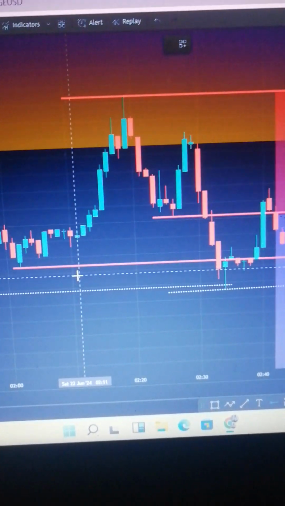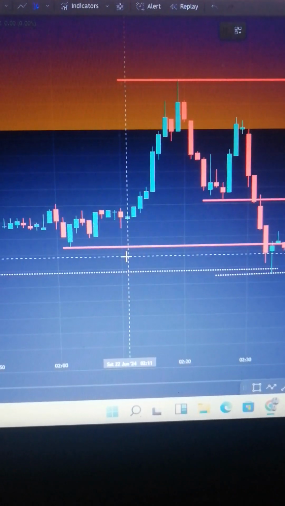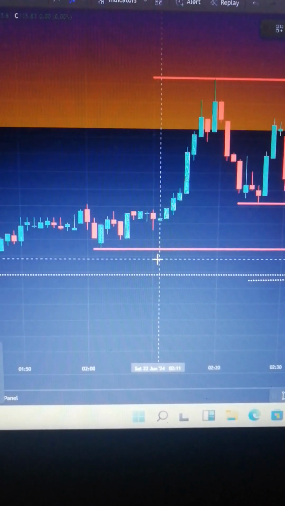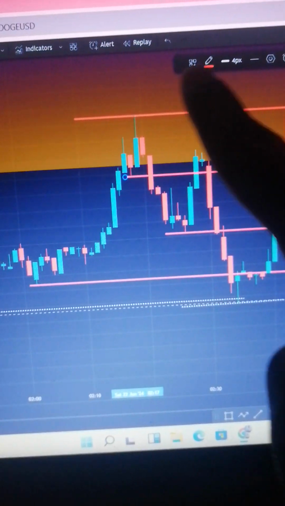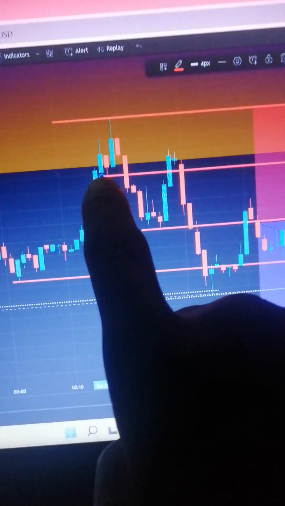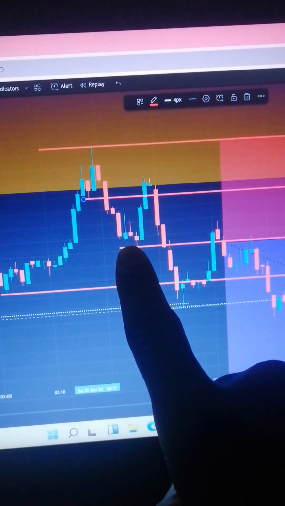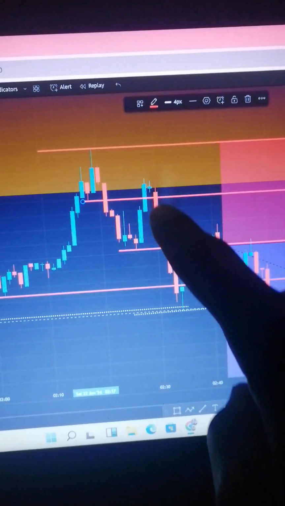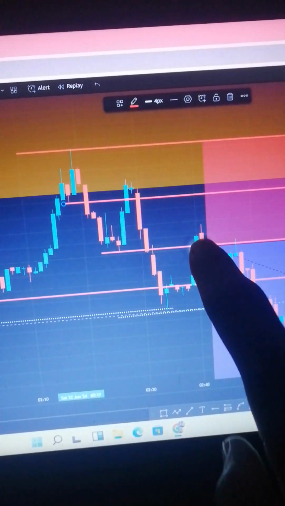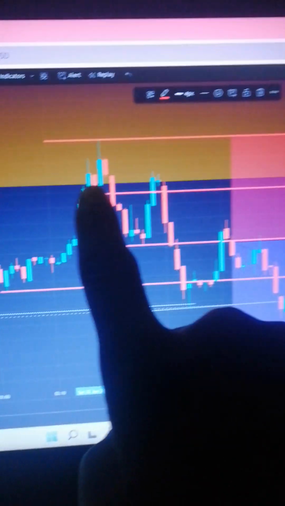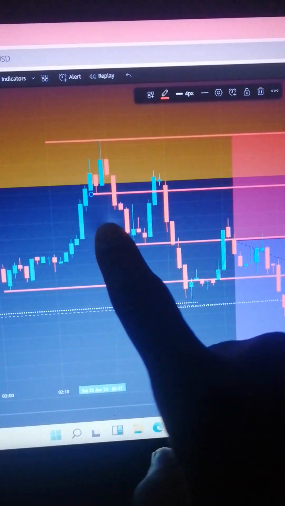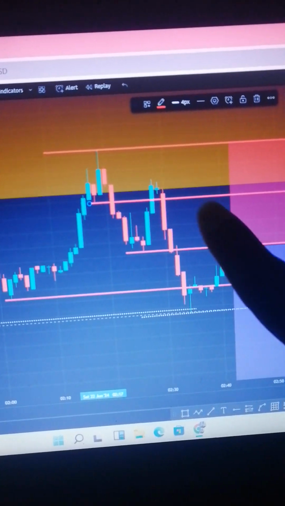So it depends on which one you take. Tell me in the comments which one you would take as change of character. Would you take this first one here, or this second one as change of character when the market broke it, and take your entry here? If you considered this one as your change of character, you should have entered at this order block, this last up candle.